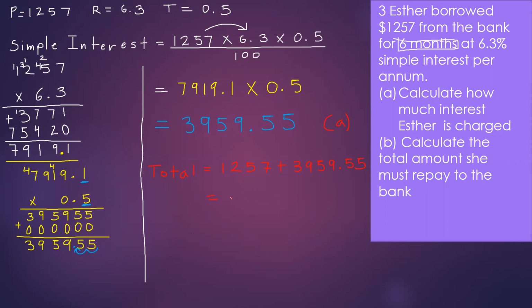When we add them, what do we get? $5,216.55. Say it again. $5,216.55. That's correct. So that's our total amount to be paid.